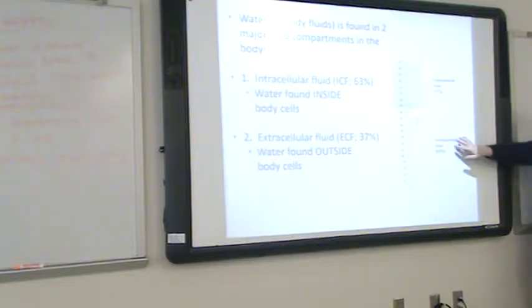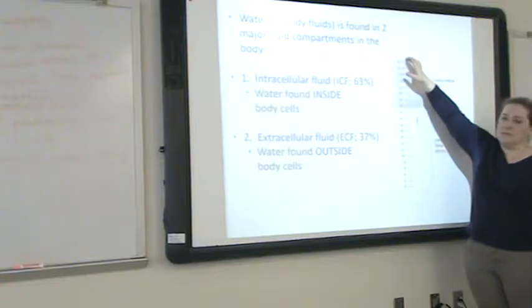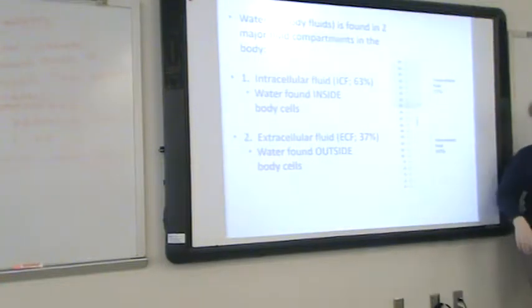I don't so much care about you knowing the percentages, but the meaning and the abbreviations are very important. Either the fluids are inside cells or they're outside cells. This is showing you the average person has 40 liters of fluids in their body.